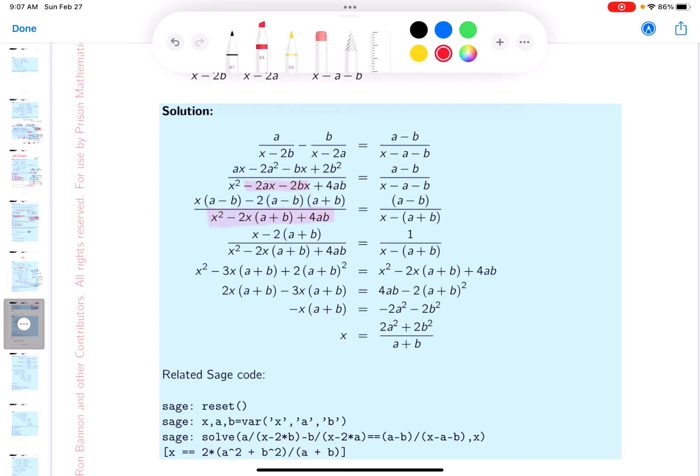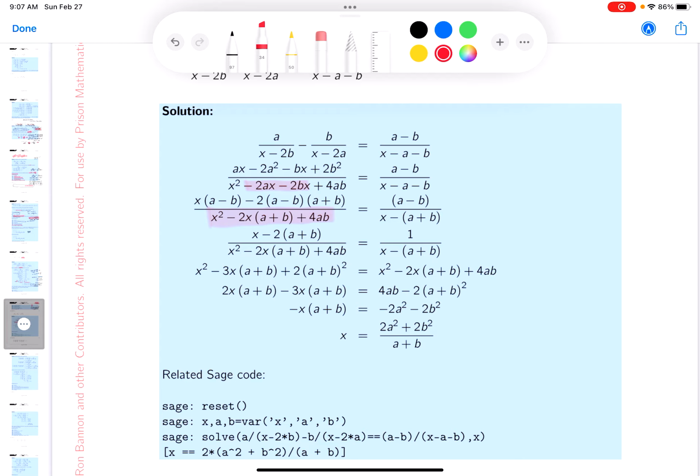Now what I'm going to do is multiply both sides by the LCD, or what a lot of students refer to as cross multiplication. I'm going to write that down for you, though. And that's going to be, the left-hand side would be x minus 2 times a plus b, times, it's crazy looking, minus that. That's the left-hand side.